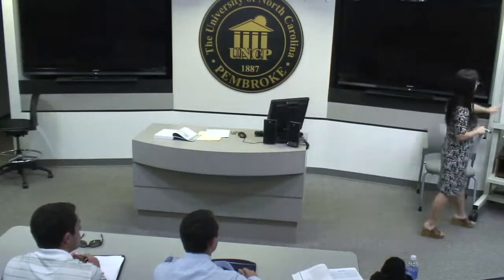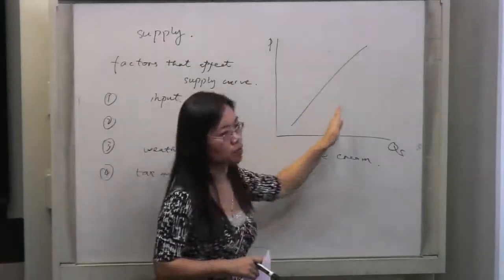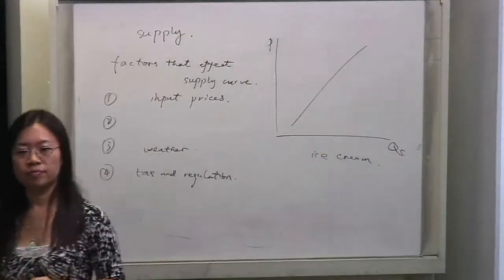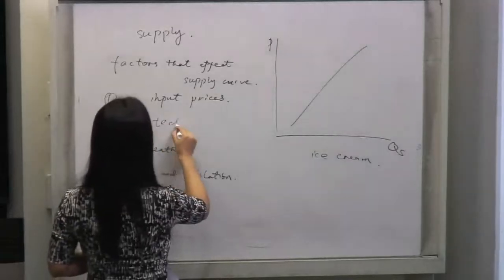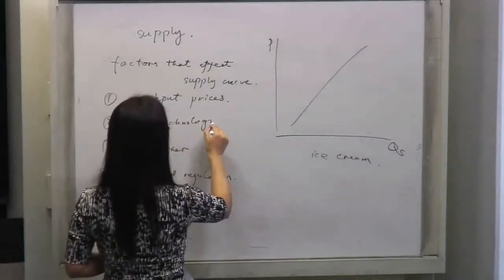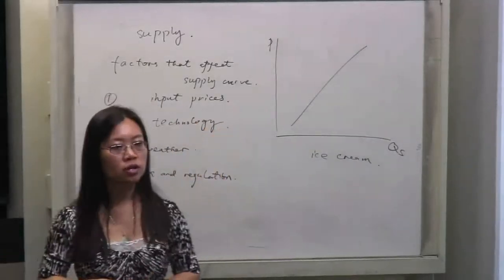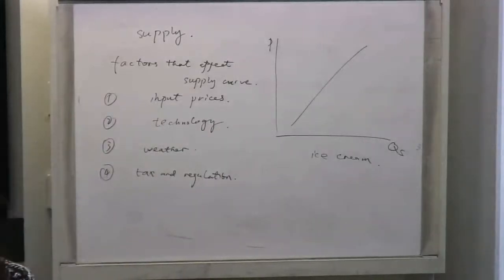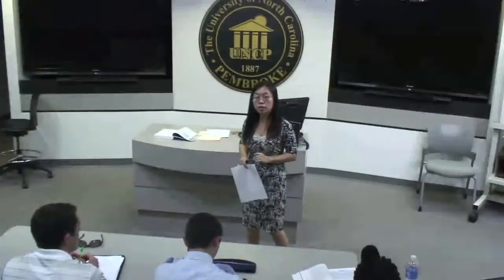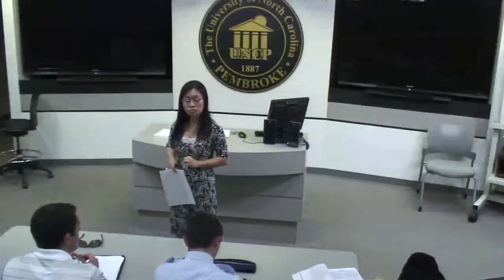Input price. What else is going to affect the supply? Technology. When we have better technology, we're going to supply more. Supply is going to shift. What are the factors? Do we have any other factors?